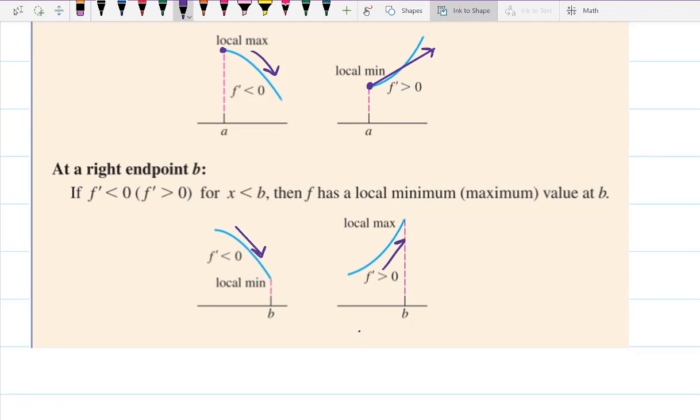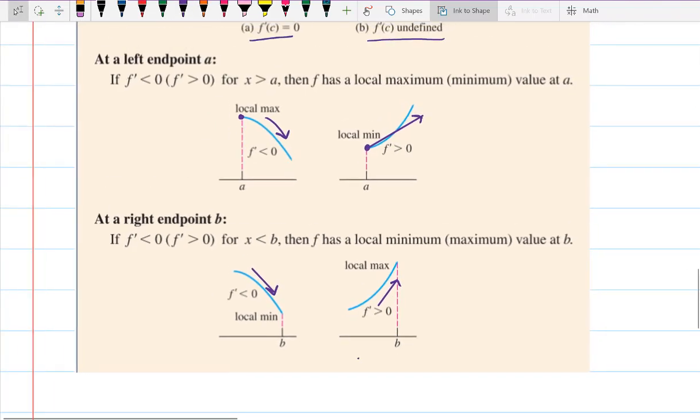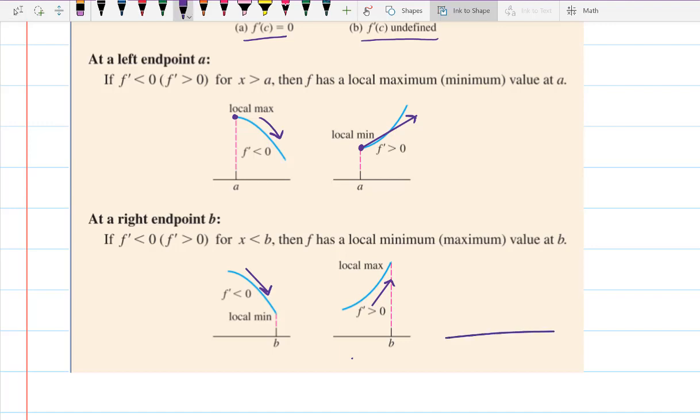And if the derivative is positive going to an endpoint, you have a maximum. These are things that we've noticed using the sign chart, which makes it very easy, having something like this, where these are our endpoints and we have arrows pointing, telling us what our max and mins are. We're going to be using this throughout this section and the next couple sections to determine maximums and minimums.